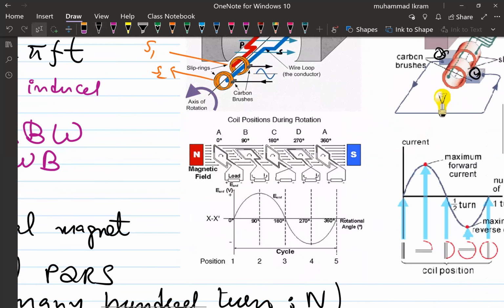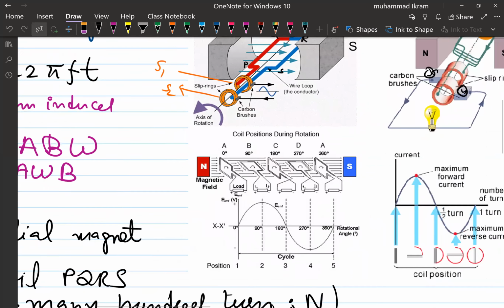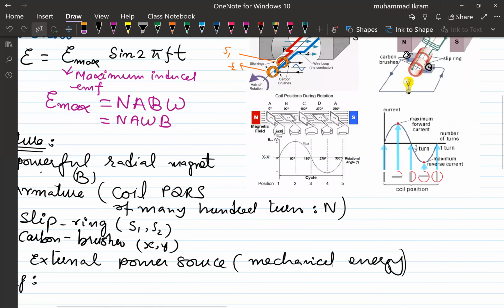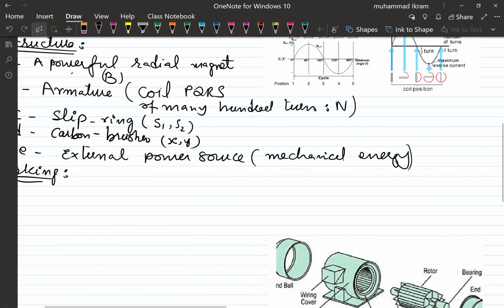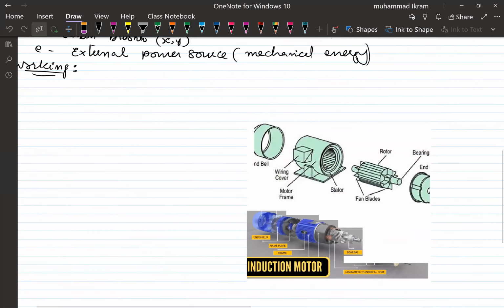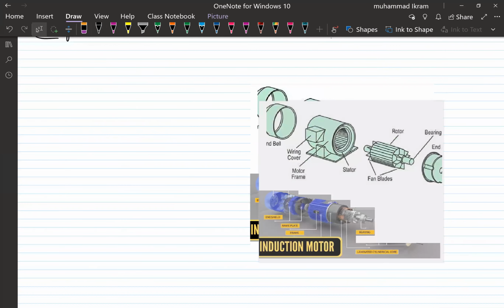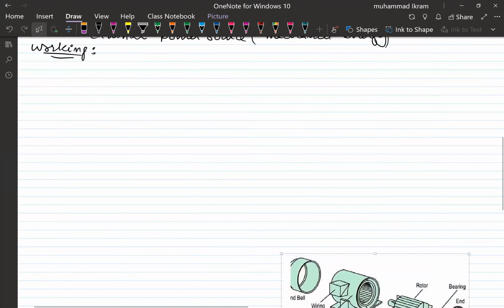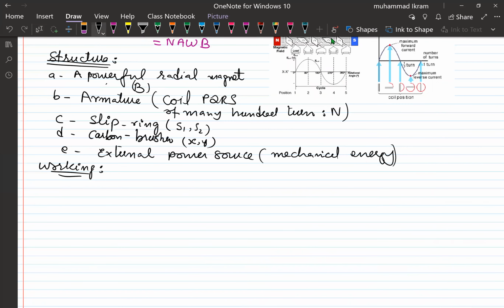Here, now look, there are two things related to the induced EMF: the magnitude and the polarity.